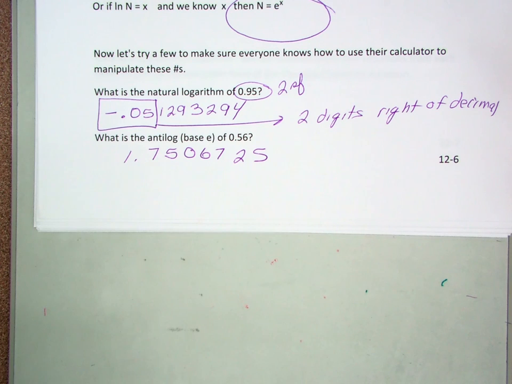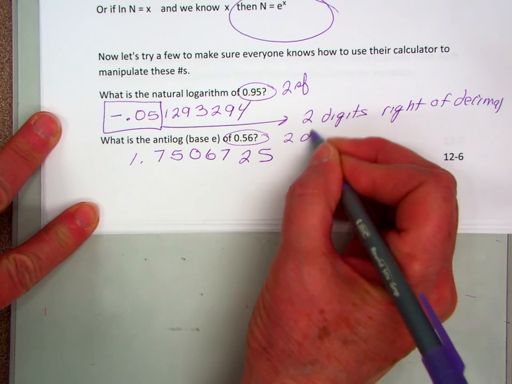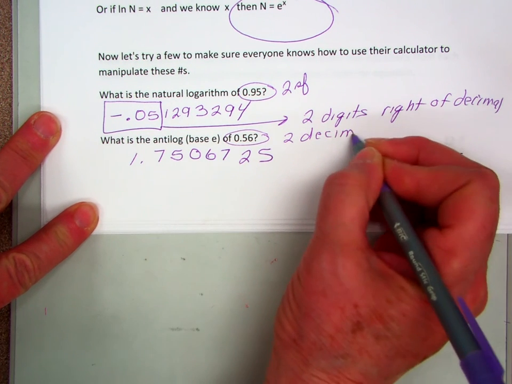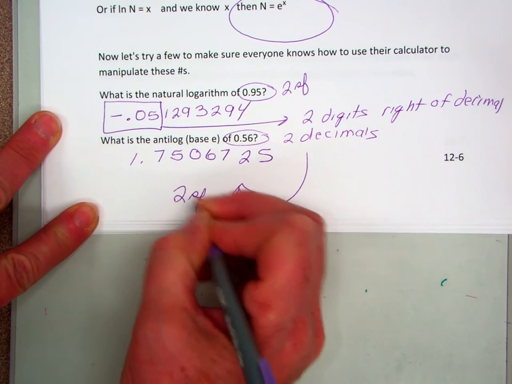So now, how would we report this, the anti-log of 0.56? Is it 1.75 when we're going backwards? No. Because this number has two decimals to the right of the decimal point, this number can have two sig figs.